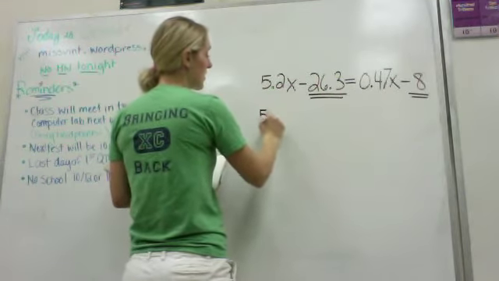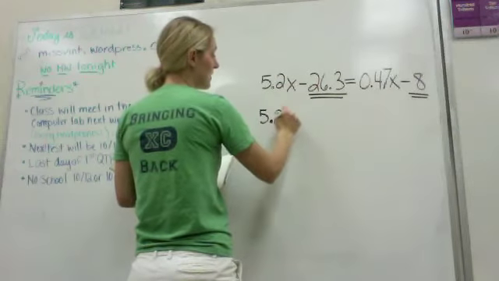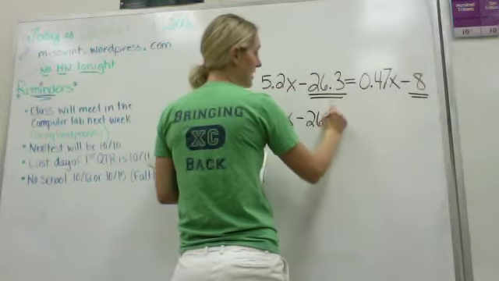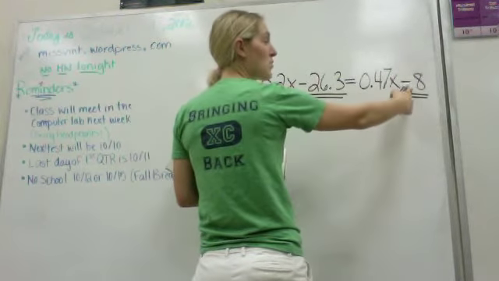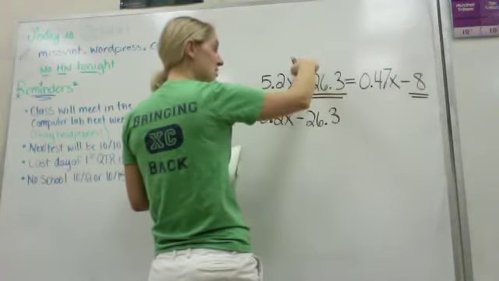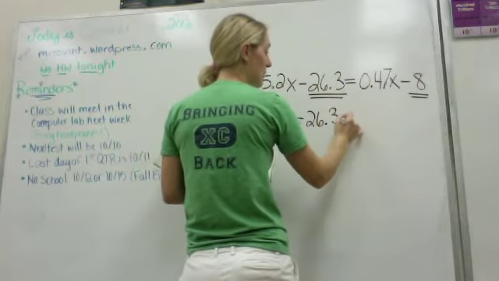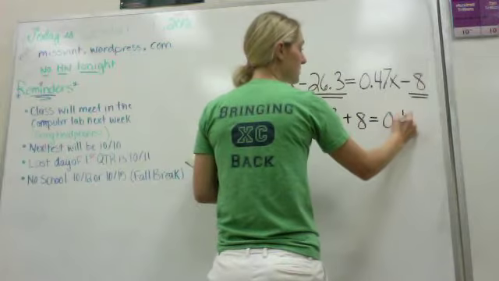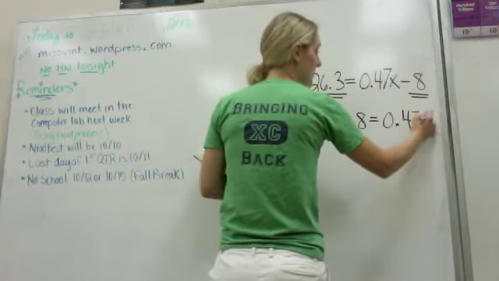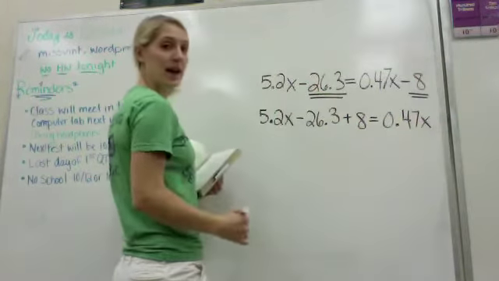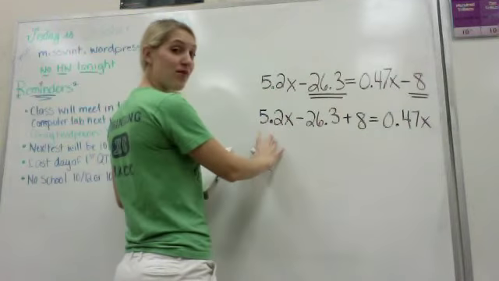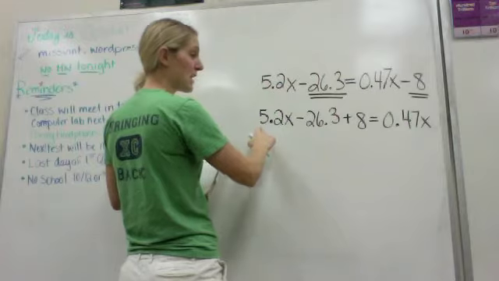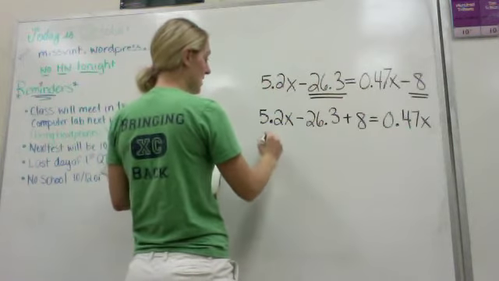So that would give me 5 and 2 tenths x. The negative 26.3 stays the same. And then if I'm moving this number to the other side of the equal sign, it becomes the opposite. So plus 8 equals 47 hundredths times x. Same thing here. If I want to move the 5 and 2 tenths to the other side so I can combine like terms, then it becomes the opposite on the other side of the equal sign.